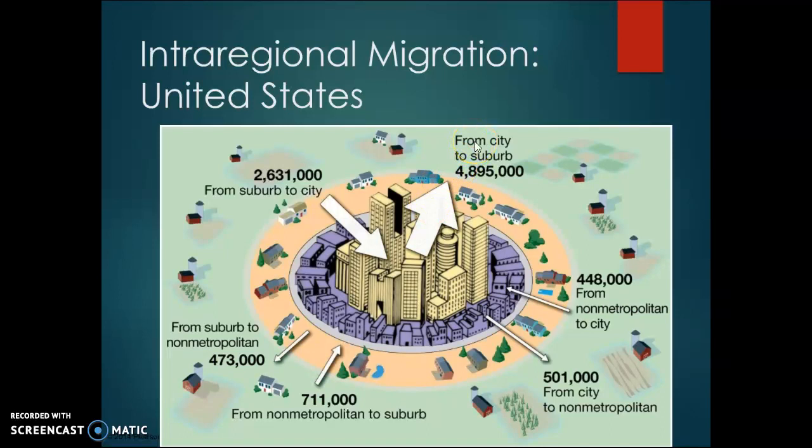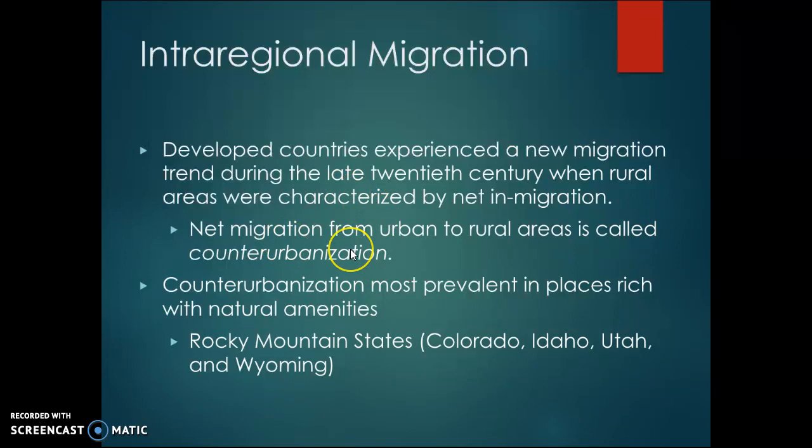About half the amount of people that are moving out are moving in. You can read more about an example on page 91, bottom left, and it'll give you a couple of examples of places where counter-urbanization has occurred, with the Rocky Mountain states: Colorado, Idaho, Utah, and Wyoming.